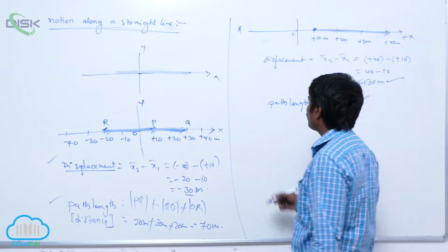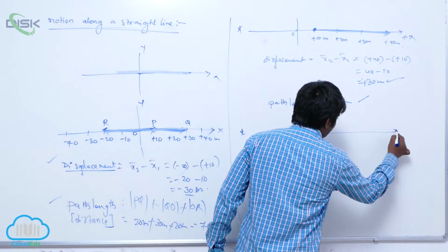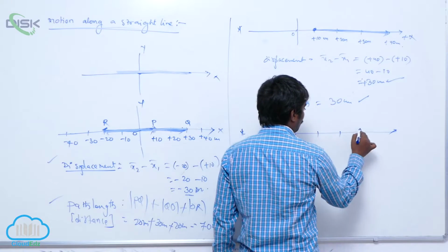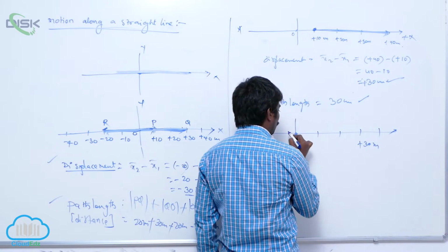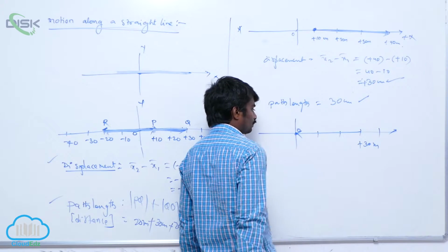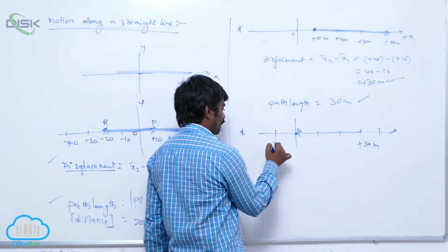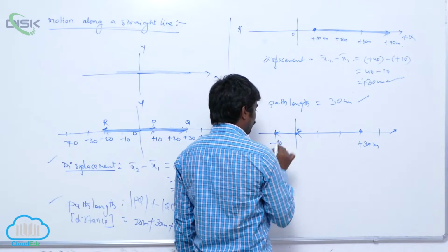And let me take one more example. That means here the object initially at plus 30 meters and now it comes to origin, next minus 10 meters. This is initial position, this is final position.